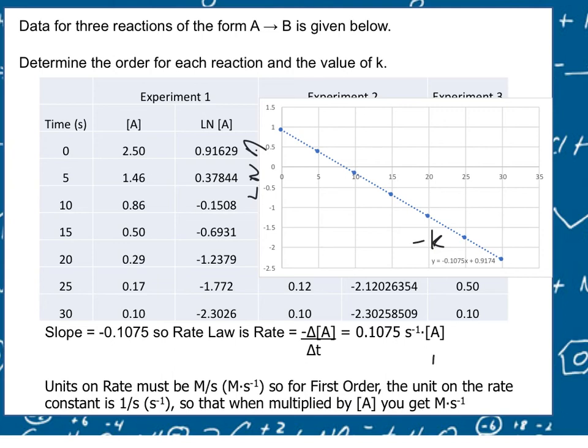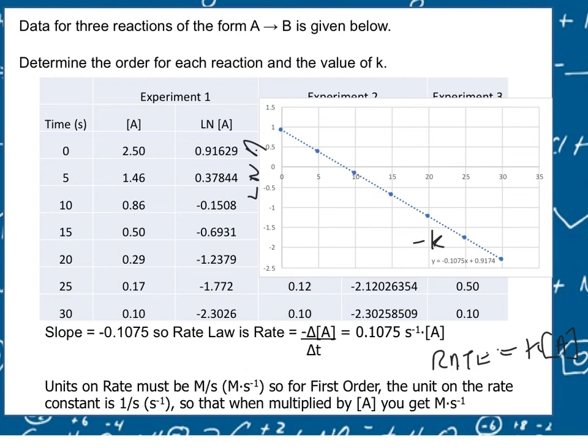So my rate law for first order is rate equals k times A. When A is big, slope is big. When A is small, slope is small. Constant change in slope for a first order reaction.